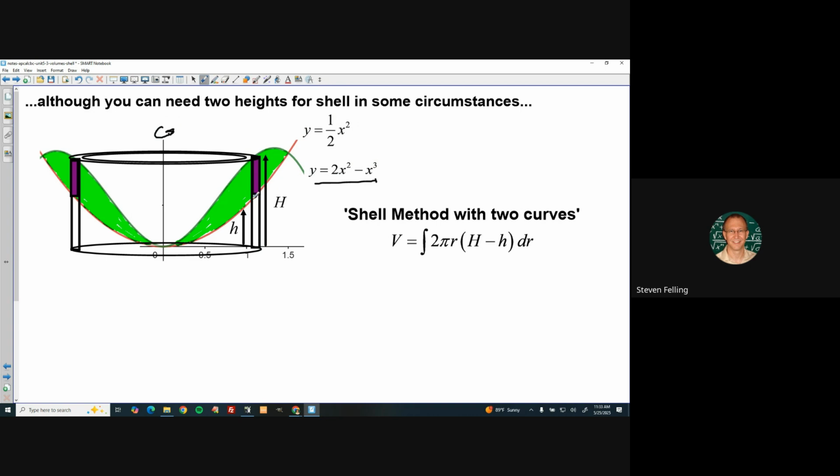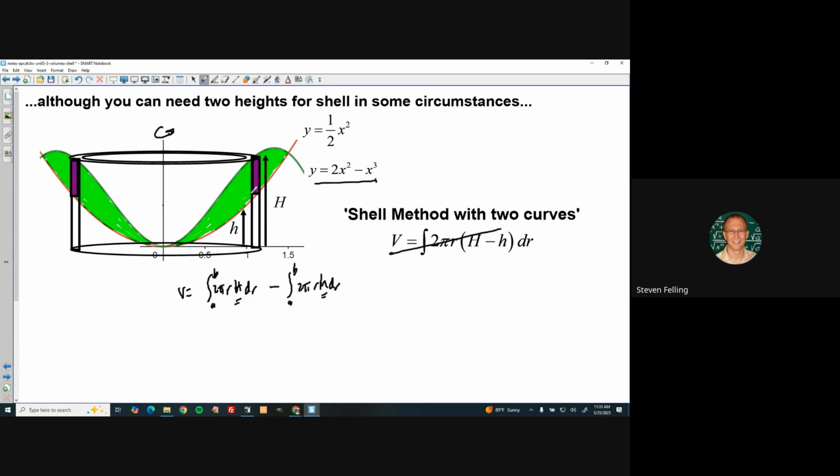Then that means that where before we had a big r and a little r, in the shell method we would have a big height and a little height. We would have 2 pi r big H dr from A to B, and then we would subtract out an integral of 2 pi r little h dr. So it's the h that has a larger version and a smaller version.